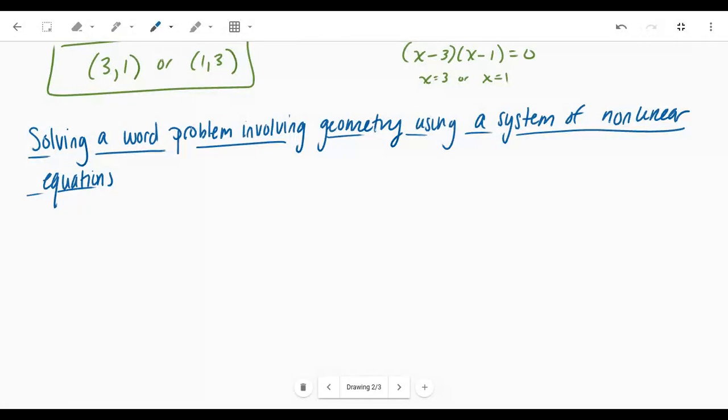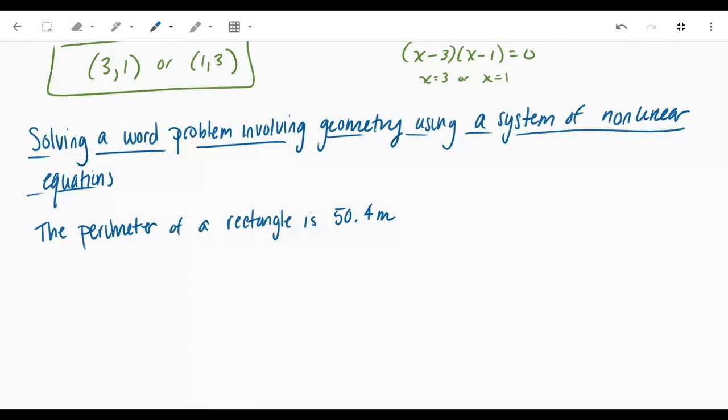Okay, so for this one, we have the perimeter of a rectangle is 50.4 meters, and its diagonal length is 18 meters.